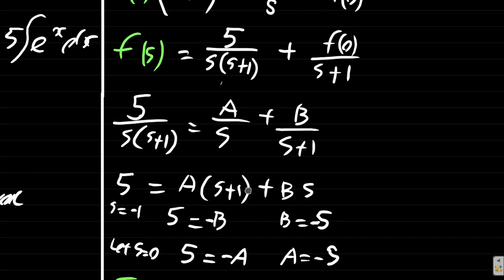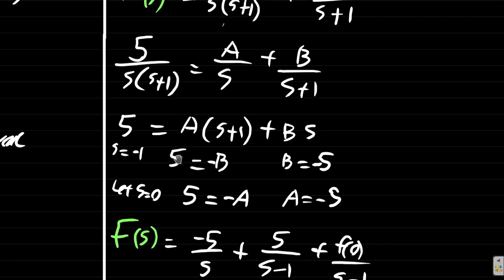Okay. And then when s is 0, we would have here 5 equals 0 plus 1 is 1, 1A. So this should be a positive A. And then A would be 5 because s is 0, B times 0 is 0.